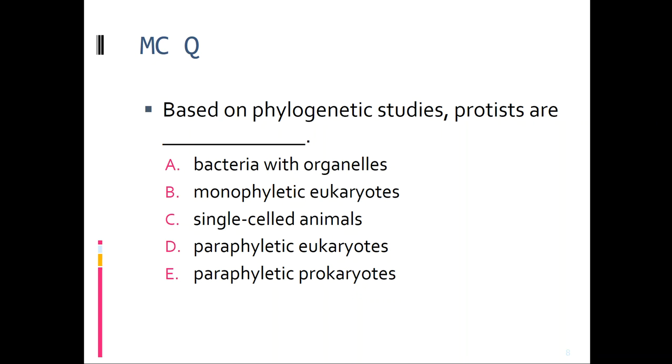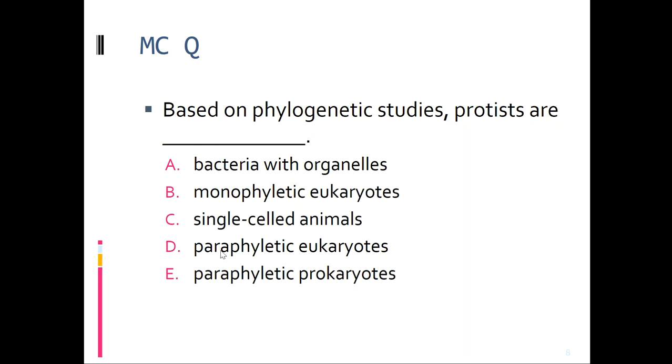Okay, most are unicellular, but they can be multicellular. And so you can already rule out anything that's not a eukaryote, right? So now you might be looking at single-celled animals, monophyletic, and paraphyletic here. Okay? Now, which one is it? Well, we know they can be multicellular, and we also know they're not animals, right? Now, you're left between monophyletic and paraphyletic.